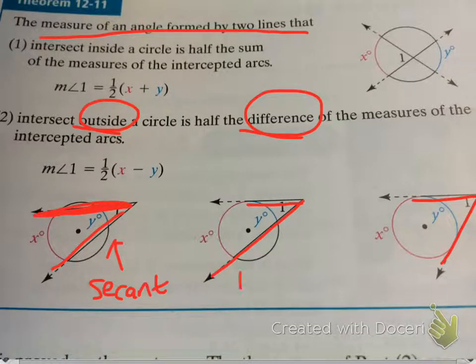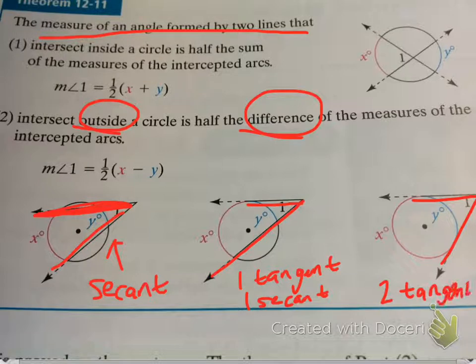This one is one tangent, one secant, and this one is two tangents. So we have two secants, one tangent and one secant, and two tangents. That's just a little vocabulary for you, but those are all circumstances where the same thing is happening. The lines are intersecting outside of the circle, right?